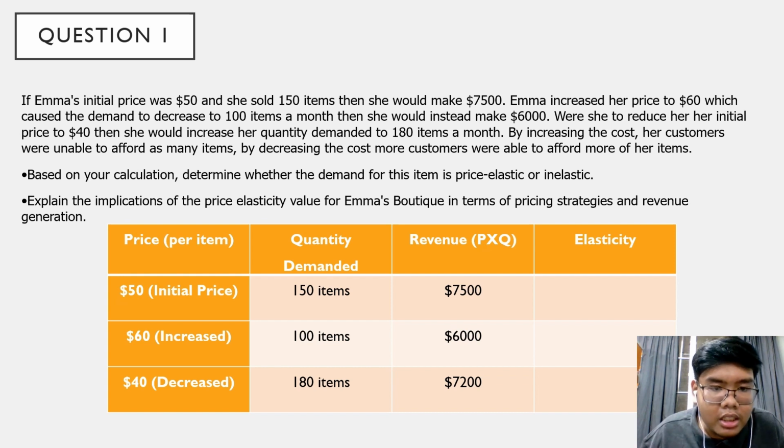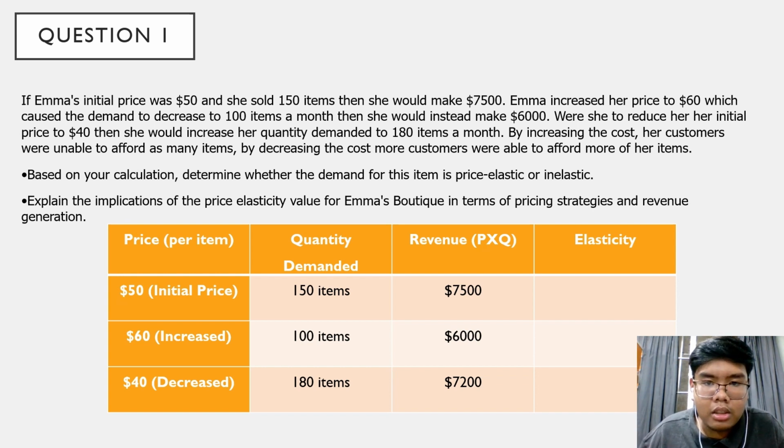So it's like the table you guys can see. $50 initial price, quantity demanded 150 items, total revenue $7,500. For the next, it is $60, which increased from $50. So quantity demanded decreases to 100 items and total revenue is $6,000.